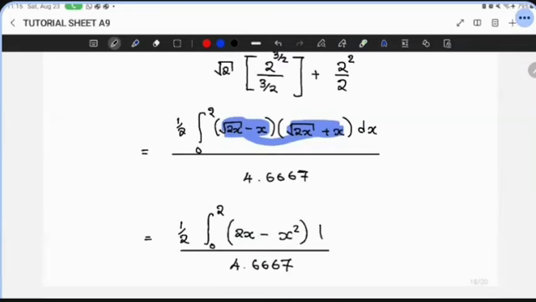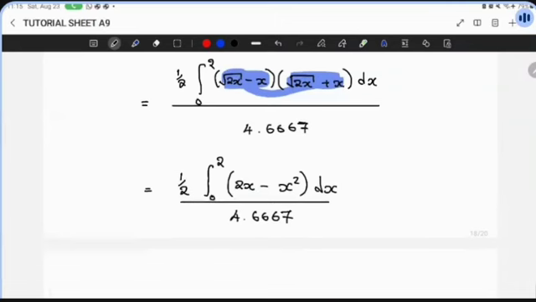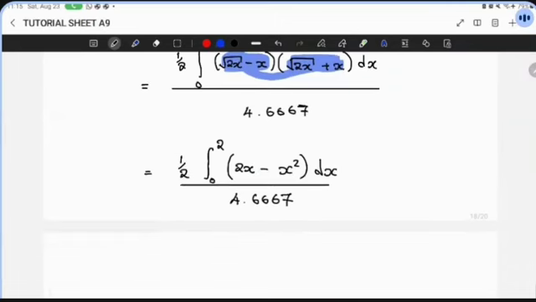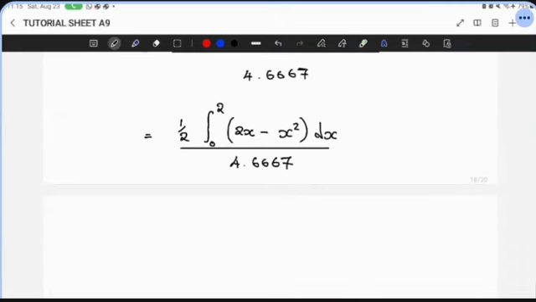See how being able to observe such small details simplifies your work, because if you had to expand that, it was going to take you a bit of time. Integrating this now becomes straightforward. Here you have 1 over 2. The first part will be 2x squared over 2, which will just be x squared.